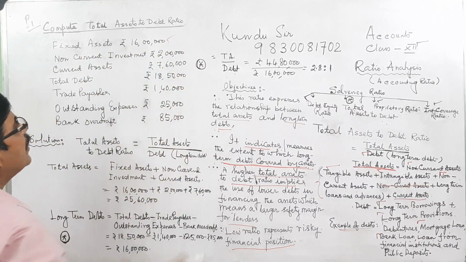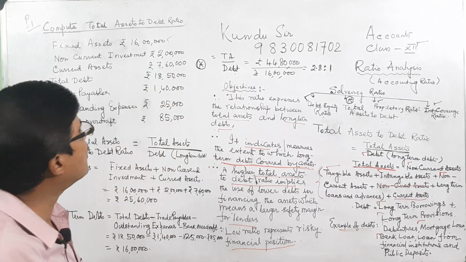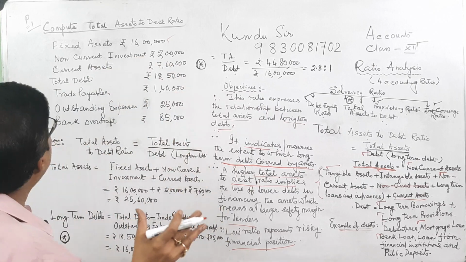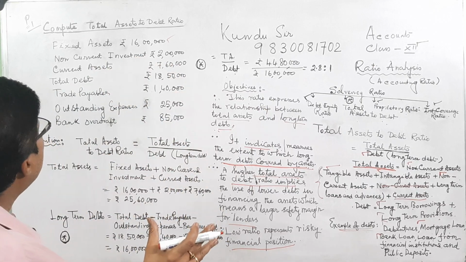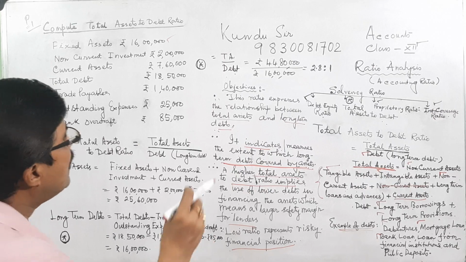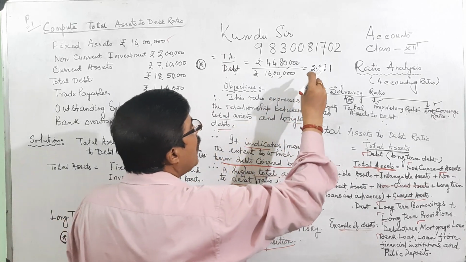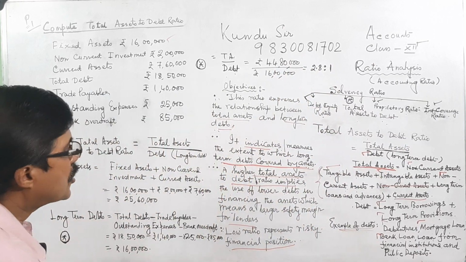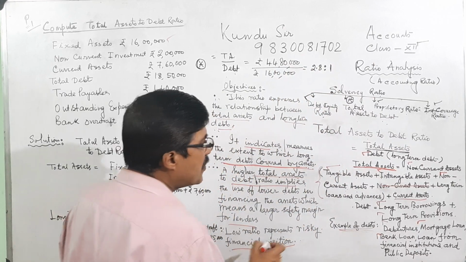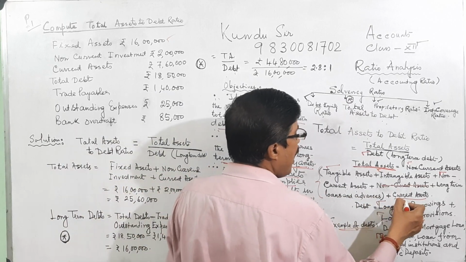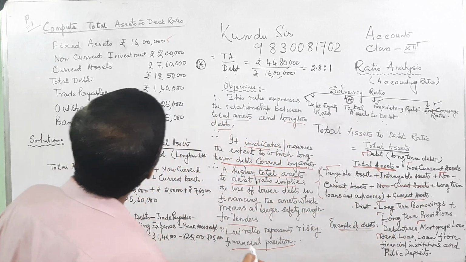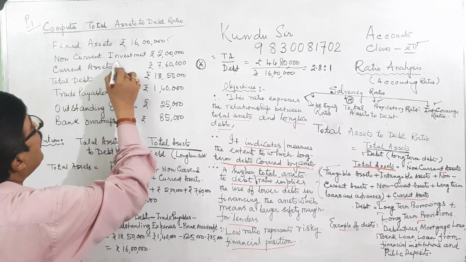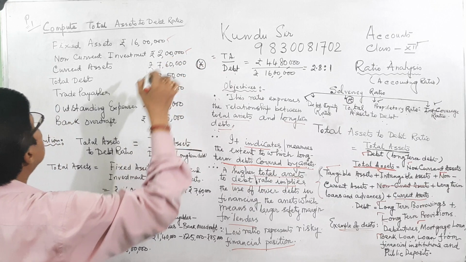Fixed asset equals 16 lakhs. Then non-current investment. There are two types of investment: one is long-term investment, another is short-term investment. Short-term investment is considered in current asset, and long-term investment is considered non-current investment.